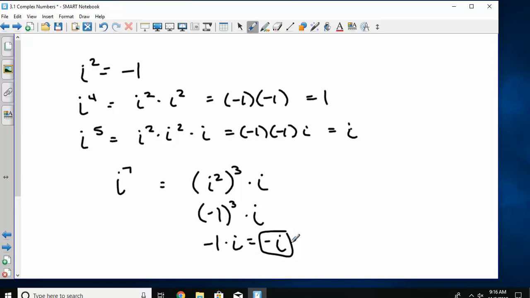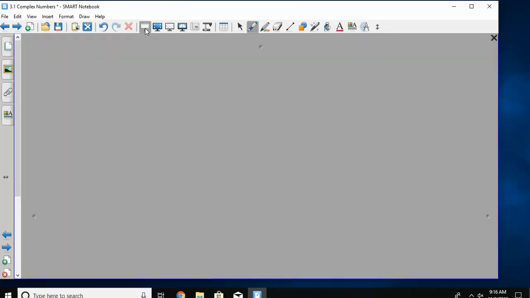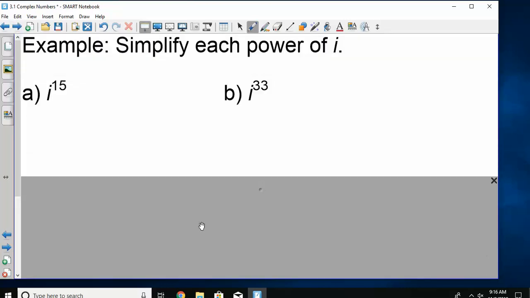So let's work through a few. If I said i to the 15th power, our strategy is to figure out how many groups of 2 we can form. 7, because 7 times 2 is 14.